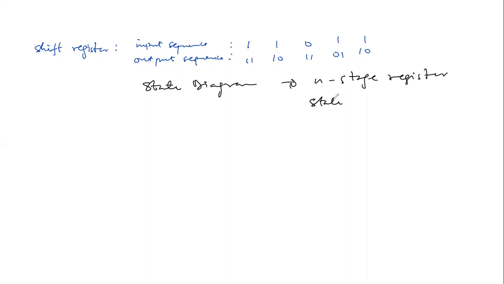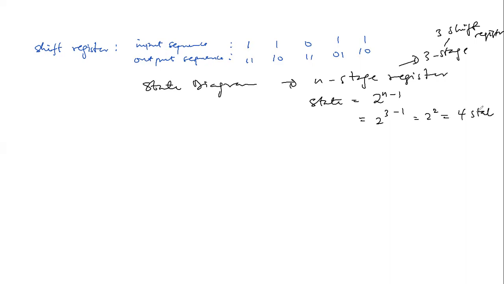So the number of states will be 2 to the power of n minus 1. In this example, we have 3 stages, because we have 3 shift registers, which is the same as the constraint length. So in other words, we are going to have 2 to the power of 3 minus 1 states, which is 2 to the power of 2. Here we are going to have 4 states. This is very important, okay?